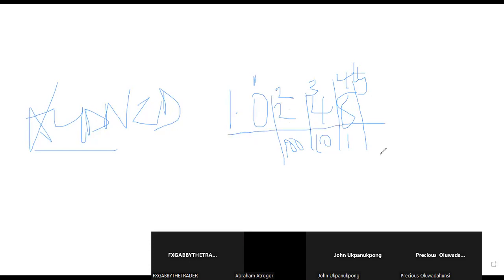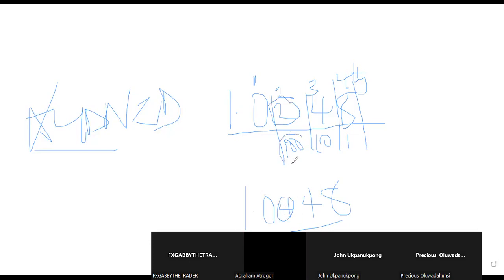We draw a line. So if we say AUD NZD went to this current price, 1.0448, what is the pip in price? The only number that changed here is this one that has changed from this figure.